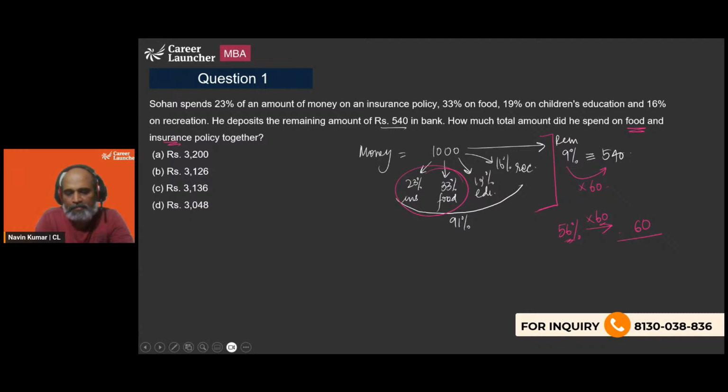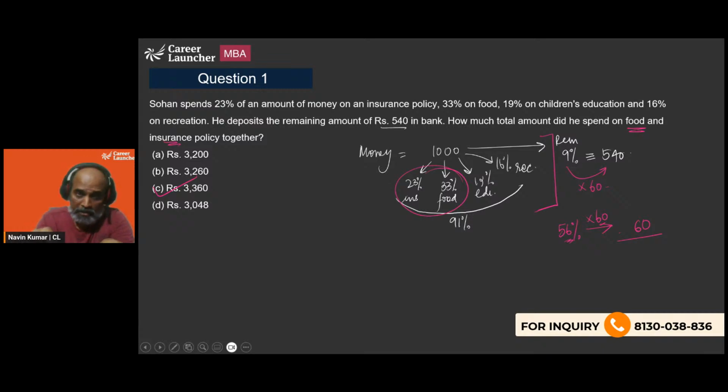Looks like there is a silly mistake here. It should be basically 3360, 3260. Okay? Because 56 into 60 is 3360. So the option may have a typo there.